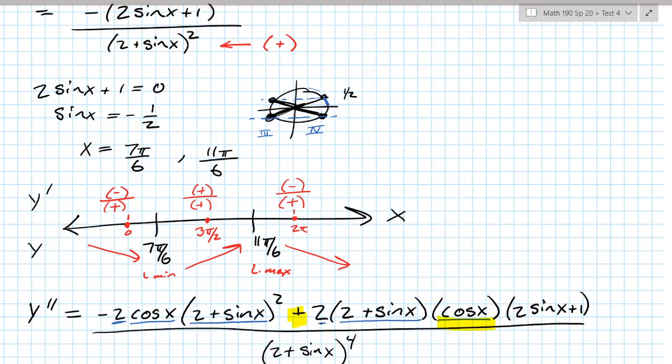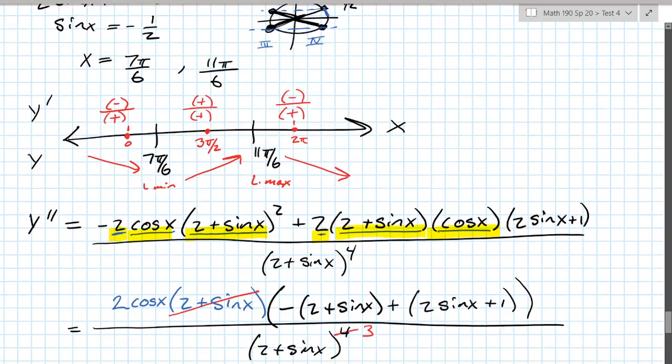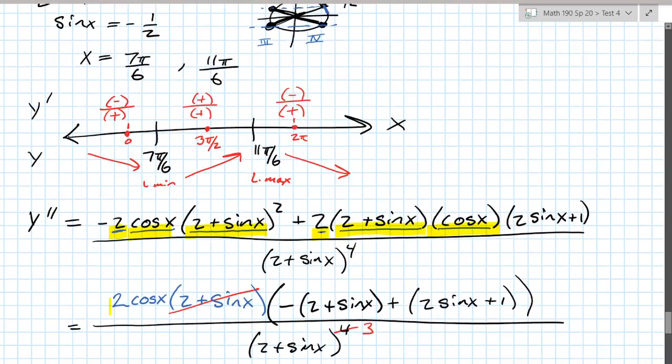Next, we're going to look for pieces to factor. Looks like we've got a 2 that can be factored, a cosine x that can be factored, and a 2 plus sine x that can be factored out. So I'm going to factor all of those out.